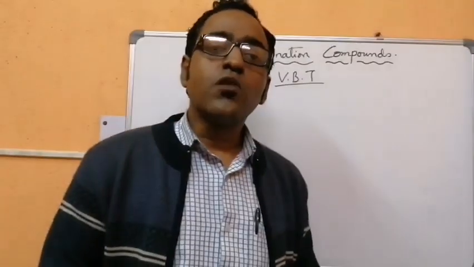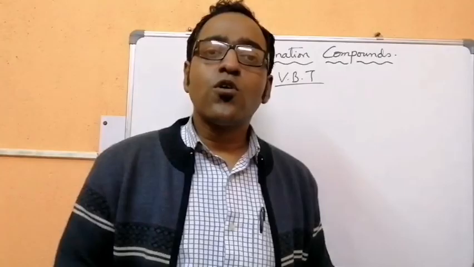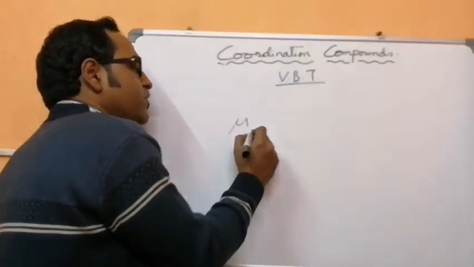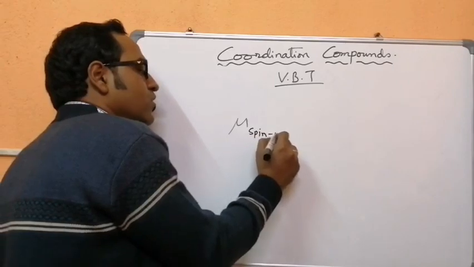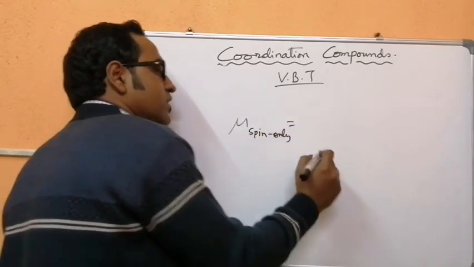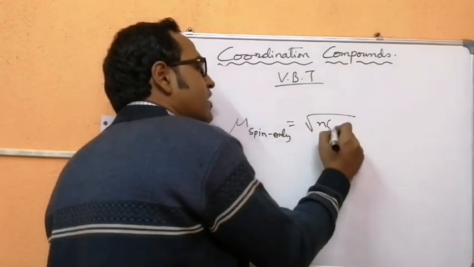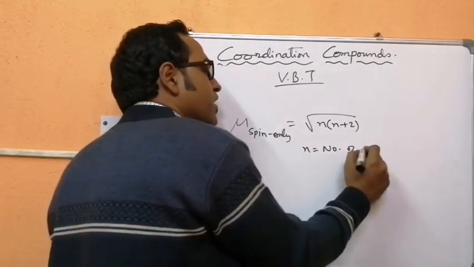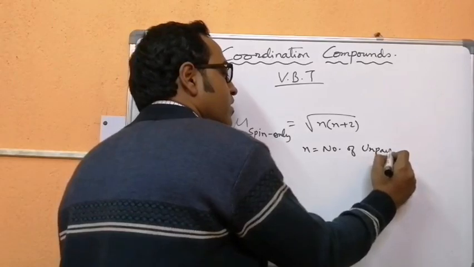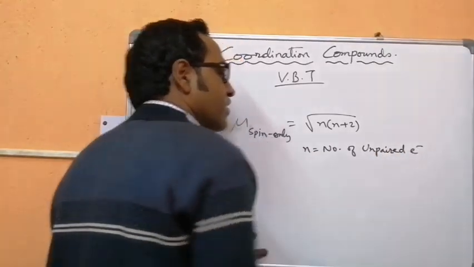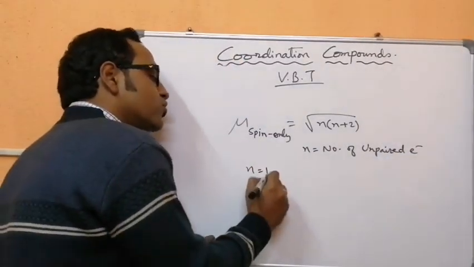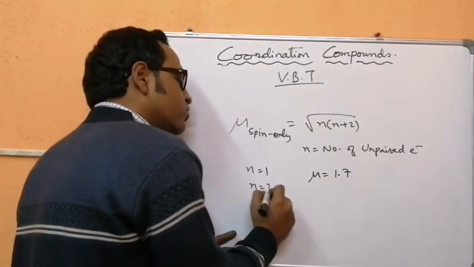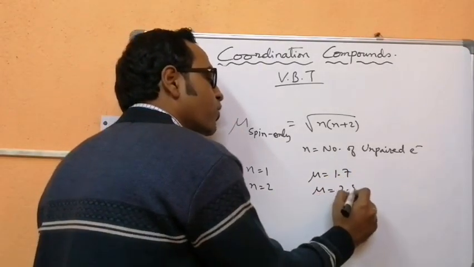Next I will discuss how to calculate spin-only magnetic moment. Mu spin-only is equal to root over n into n plus 2, where n is the number of unpaired electrons. Now when n is equal to 1, the mu value is 1.7. When n equals 2, the mu value is 2.8.